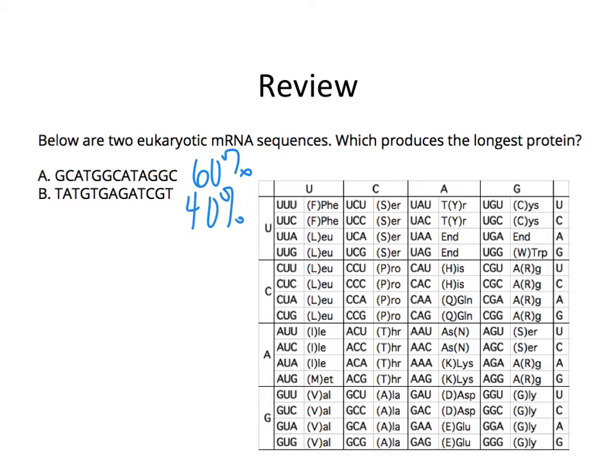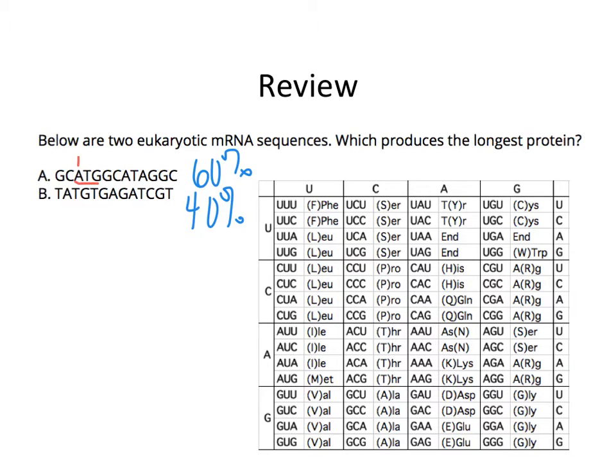Here's the practice for translation. What do you have to do to translate these messenger RNAs? What's the first thing you do? Find the start codon. These are eukaryotic, so we read left to right. Where's the start codon in A? After the first 2 nucleotides, there's an ATG.